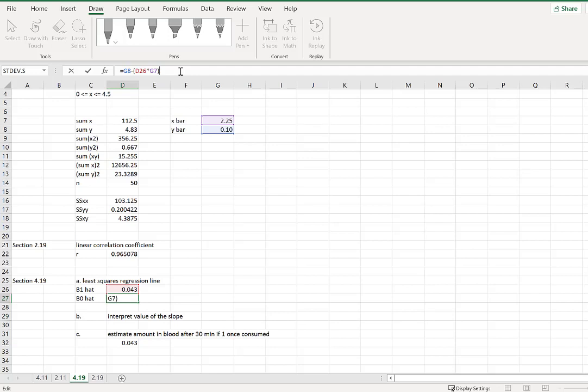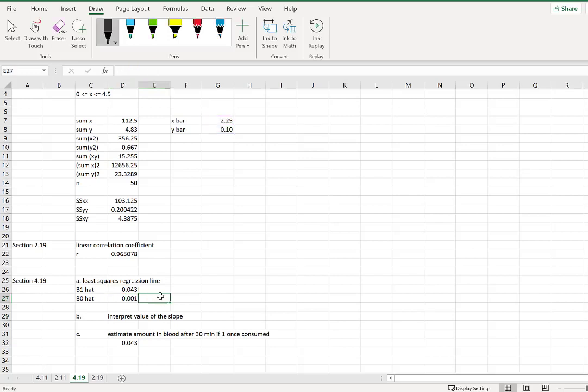And those values are right here. We have our y bar, the blue in cell G8, minus the quantity of our beta 1 hat, the value we just calculated above, which is the red in cell D26, times the purple x bar in cell G7. So multiply those and subtract that from G8.